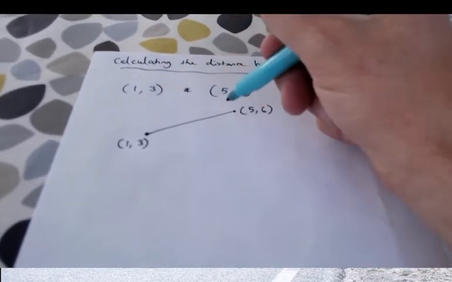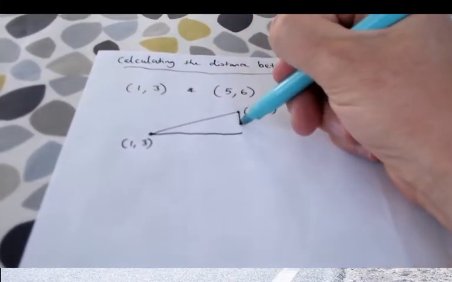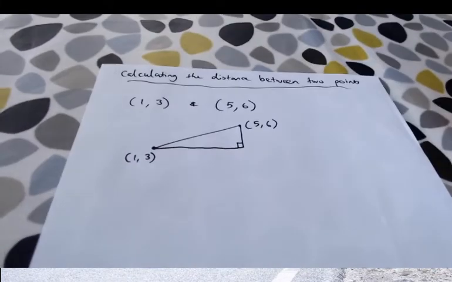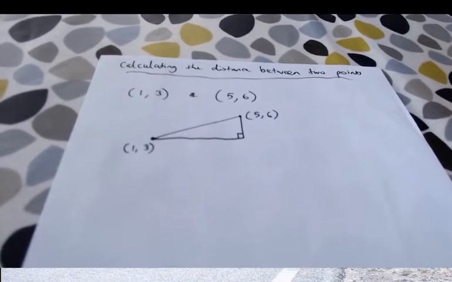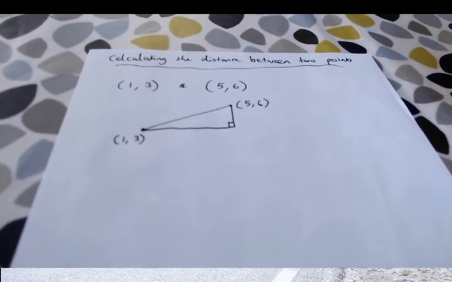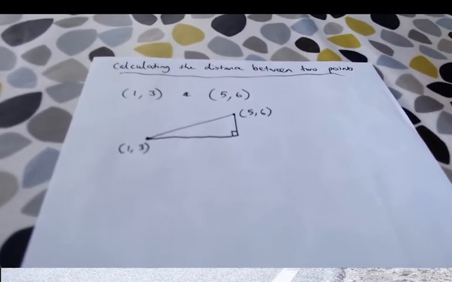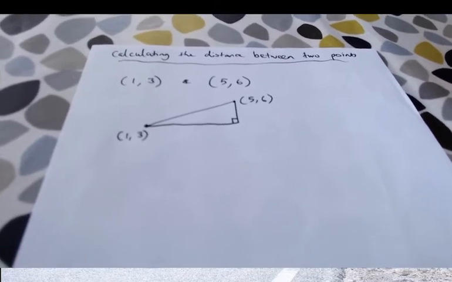Maybe if I do this, it might help you along a little bit. Anyone? Yeah, that's right. Trigonometry, SOH CAH TOA, is one way of finding the length of a side of a triangle, but we don't know any angles. How we're going to do this today is we're going to use our good old friend Pythagoras.